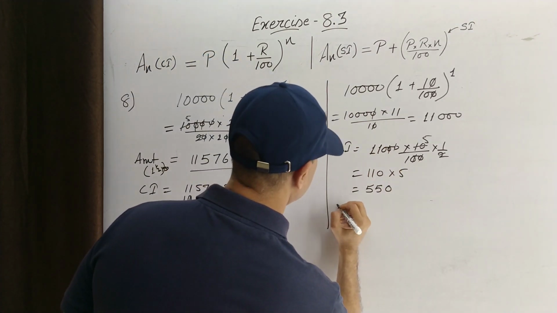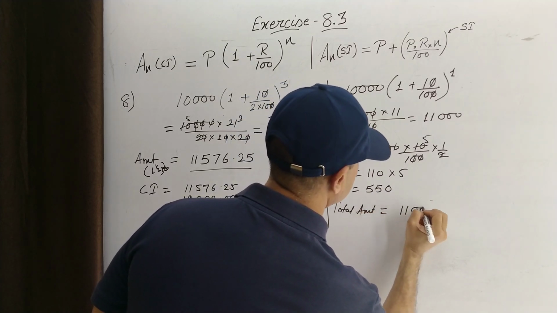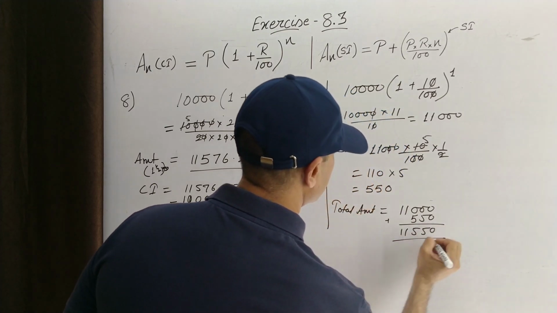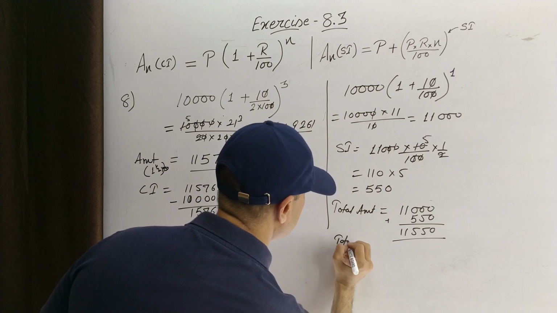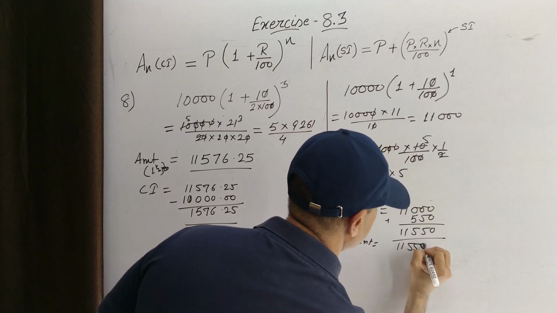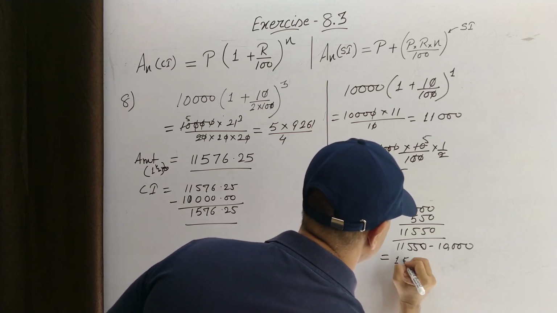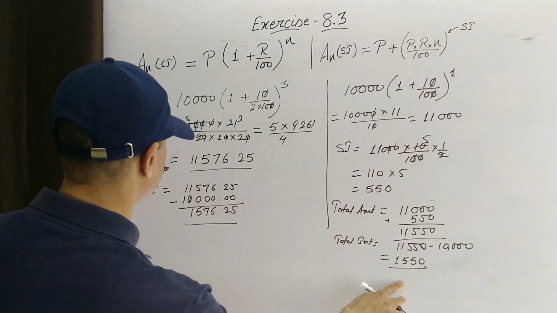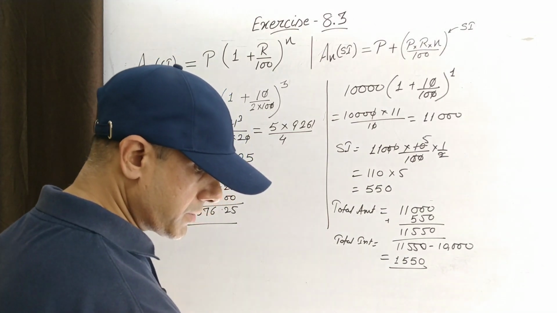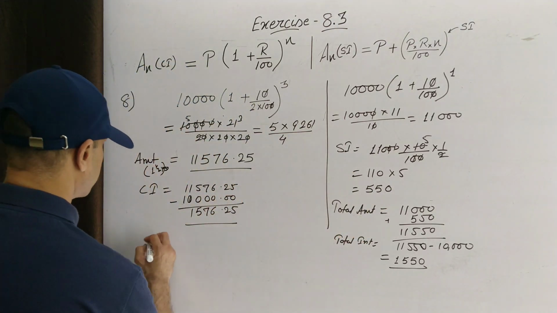So total amount is equal to 11,000 plus 550 is equal to 11,550, and total interest is equal to 11,550 minus the original principal amount, and this is equal to 1,550, and this amount is less than this amount. So the question asked, would this interest be more than the interest if it would have been calculated as compounded annually? So answer is yes.